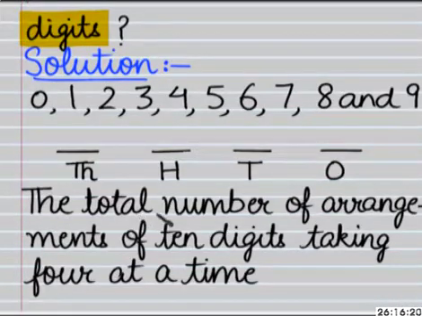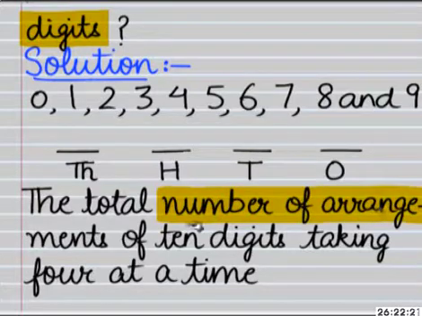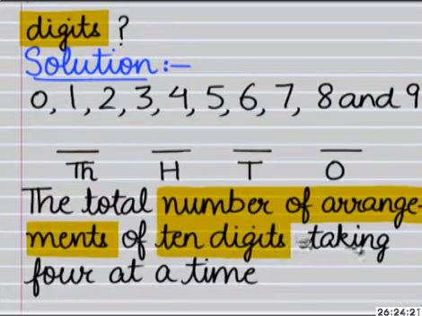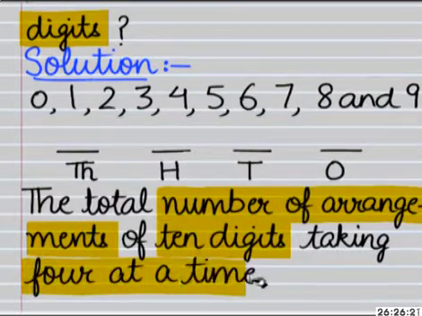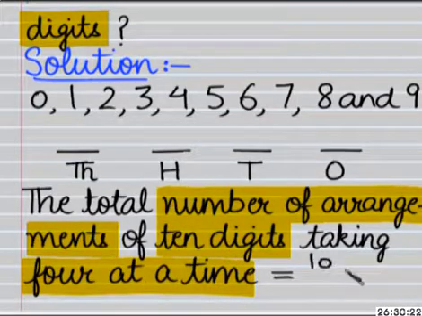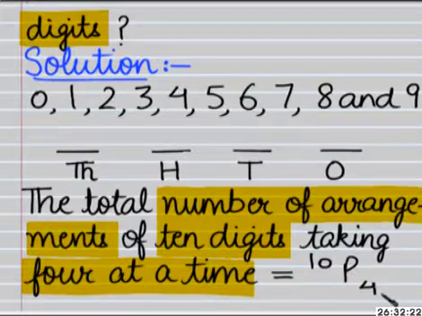So the total number of arrangements of 10 digits taking 4 at a time is equal to 10P4.